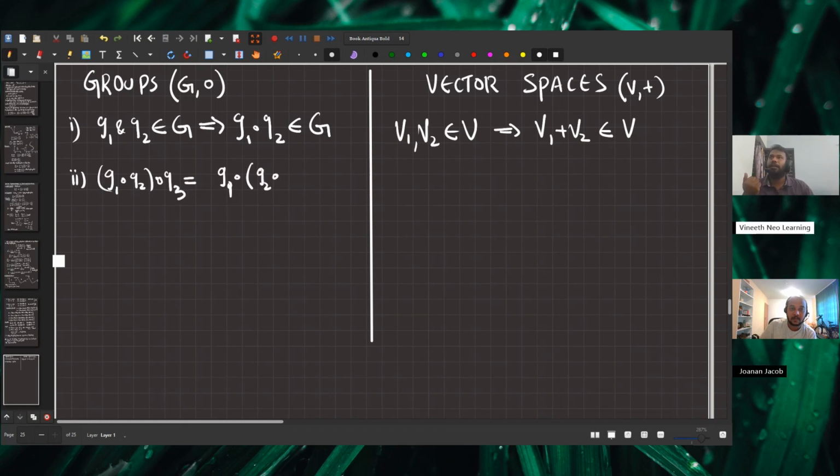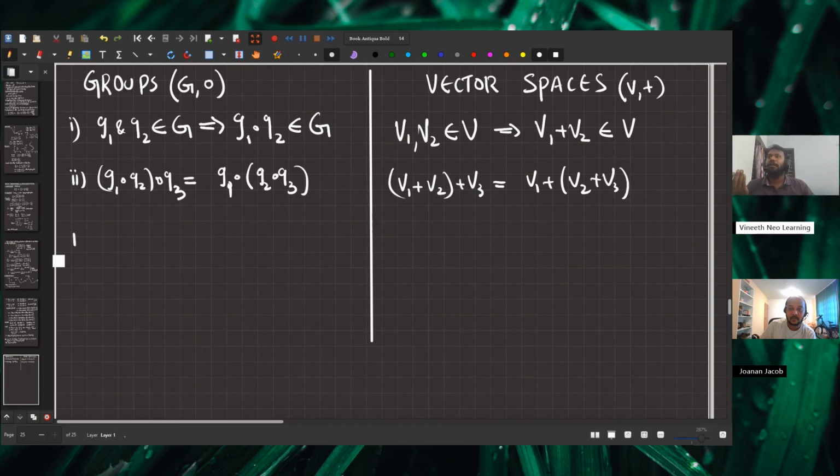This is the same for vectors, because vector addition is also associative: (V1 plus V2) plus V3 equals V1 plus (V2 plus V3).